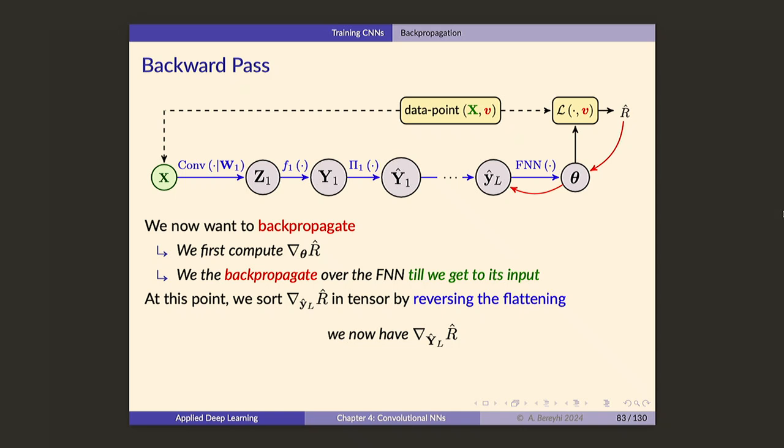OK? Then I'm going to just put it back in the form that I had before flattening. So it means that y hat went here. Now this partial derivative is going to be here. You got the idea? So this second partial derivative is going to be here. The third one here, and so on. The last one is going to show up here. Clear?